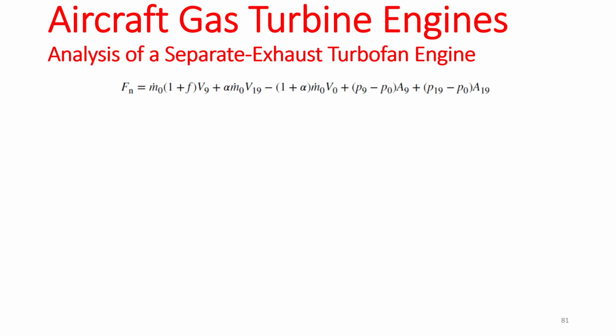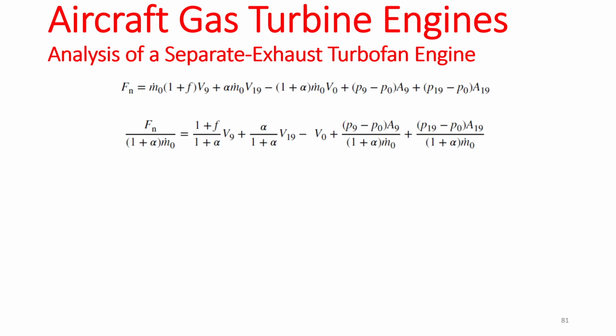Well, alpha m dot naught is going to be only the fan, but they combine that. 1 plus alpha m dot naught, that's the total m dot of air. Yeah, exactly. So it's going to be F of N divided by 1 plus alpha m dot naught. This means the incoming air mass flow rate, right?